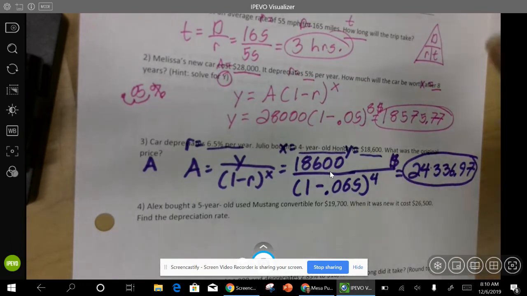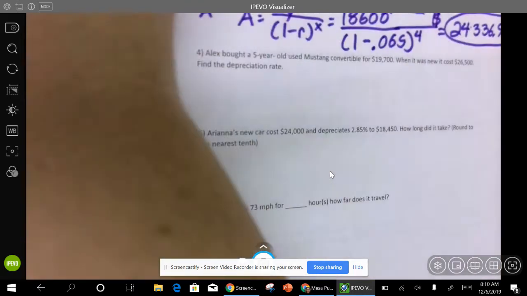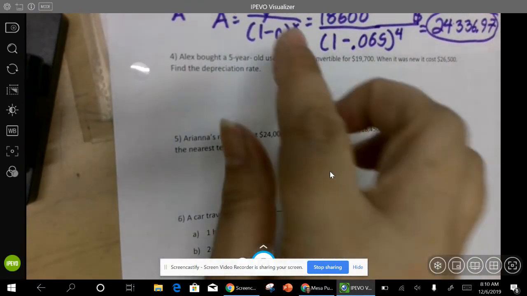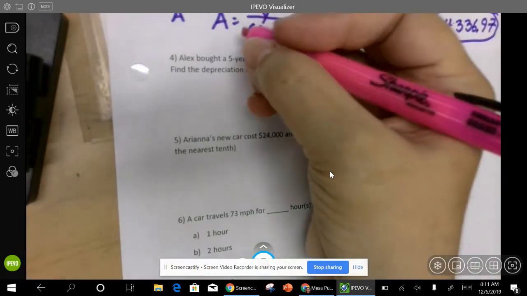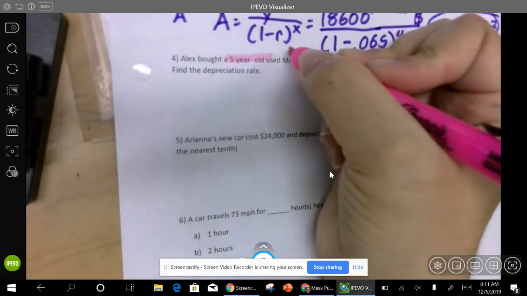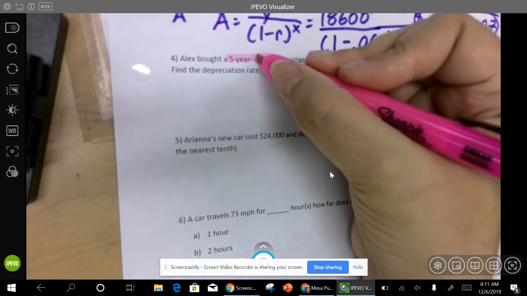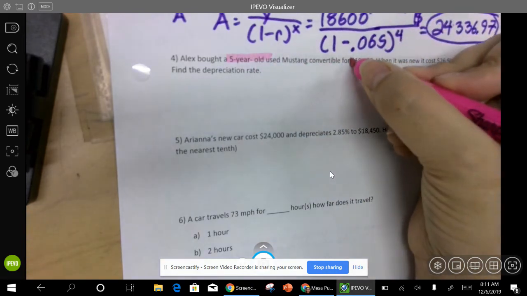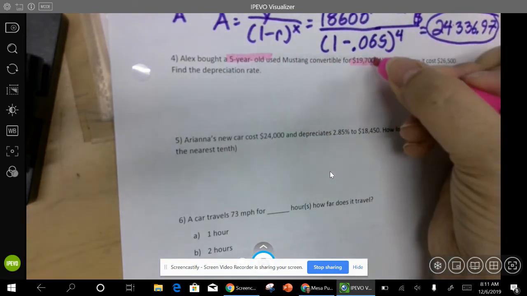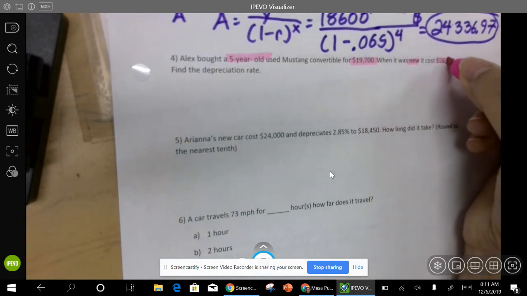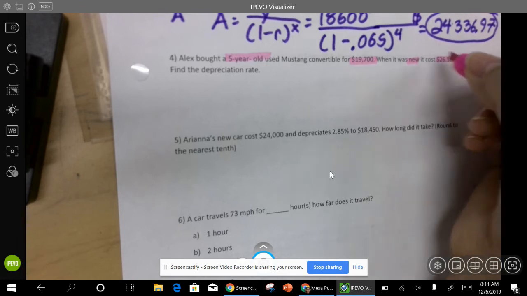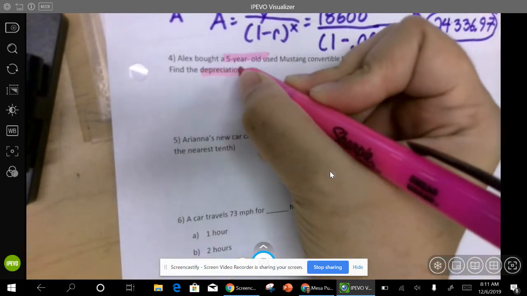Okay, on the next one, Alex bought a 5-year-old used Mustang convertible for $19,700. When it was new, it cost $26,500. Find the depreciation rate.